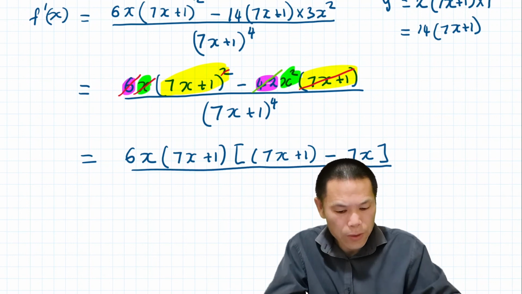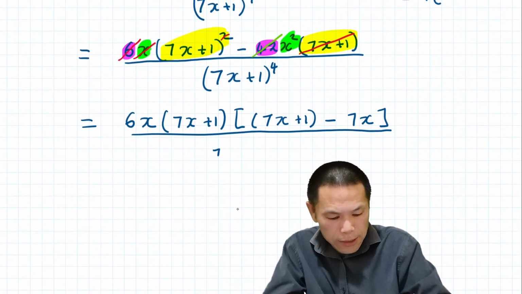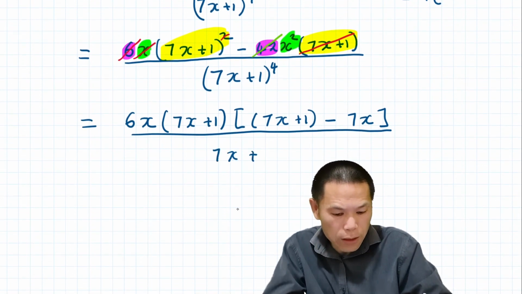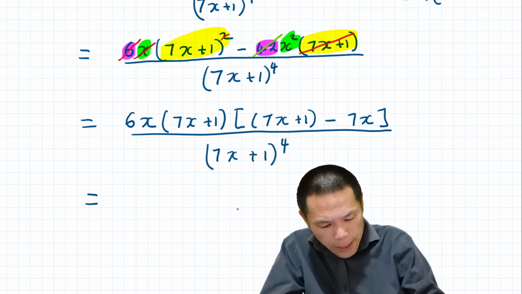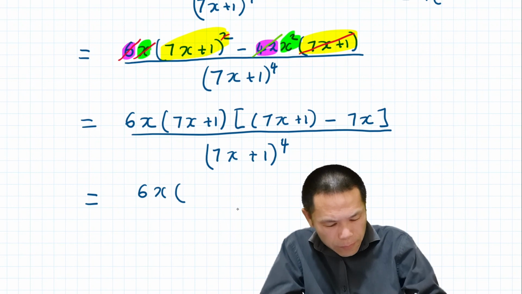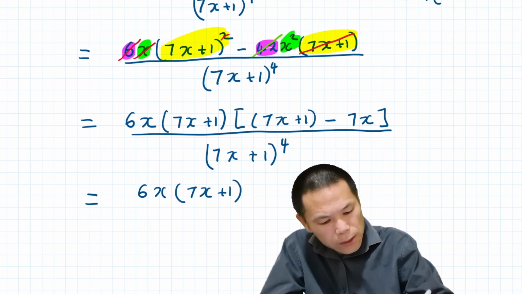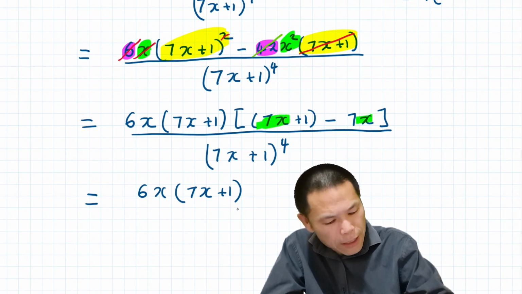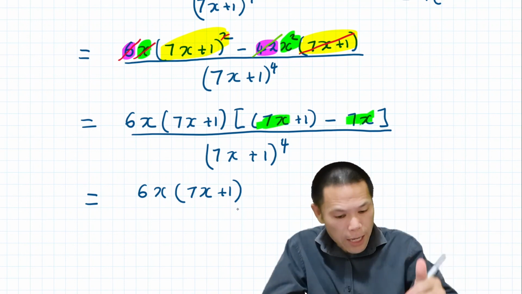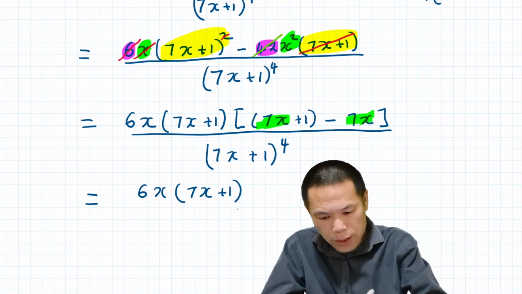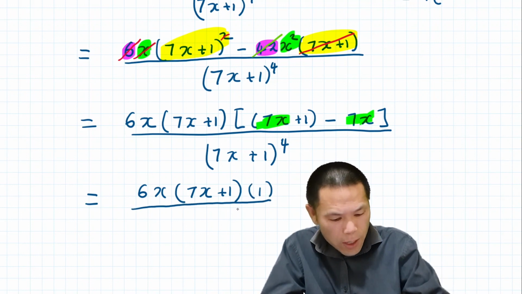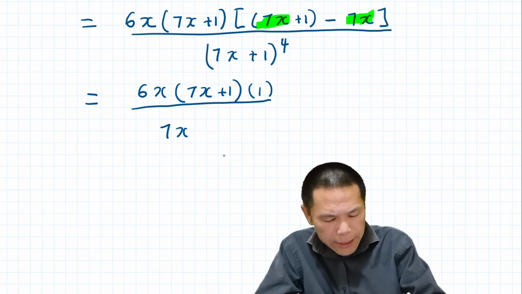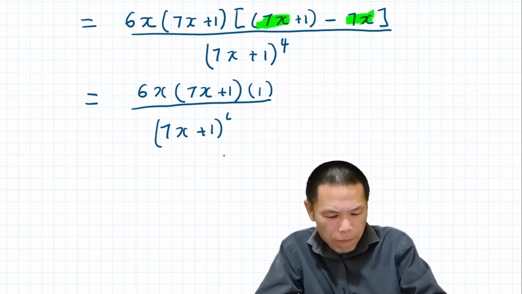Over (7x plus 1) power 4. So that will give me 6x(7x plus 1). And this one here, 7x minus 7x, that disappears and is left with 1. So I just put brackets 1 over (7x plus 1) to the power 4.